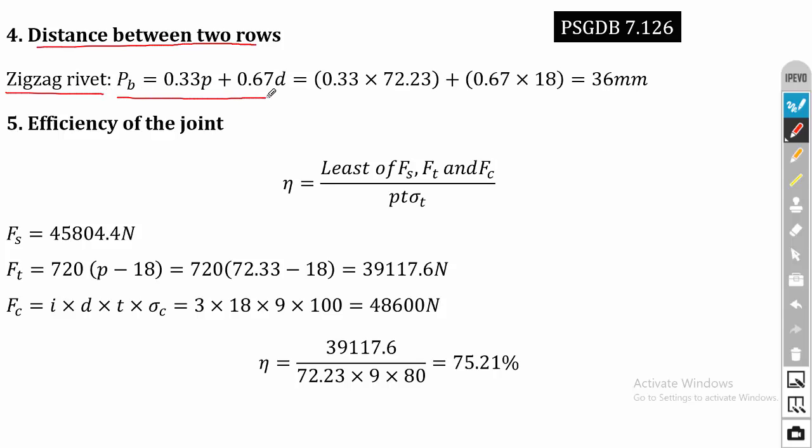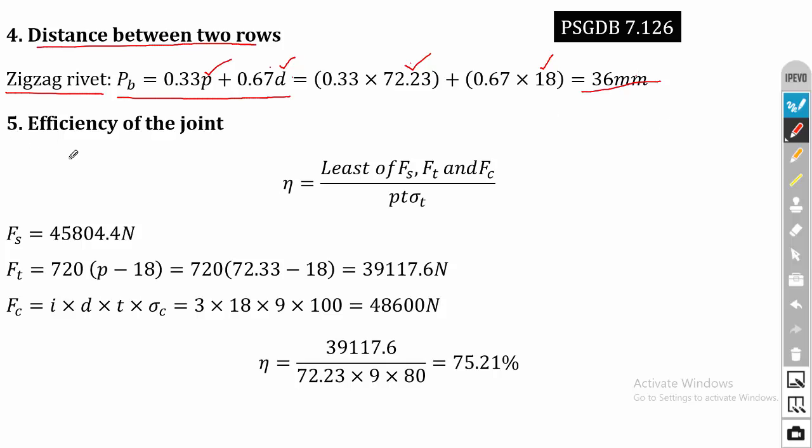So we can use the second equation, that is PB is equal to 0.33 P plus 0.67 D. So here P is the pitch value that I have substituted. So remember that you have to use the minimum pitch value. Then 0.67 D, D is the diameter of the bolt. So the distance between two rows is 36 mm.